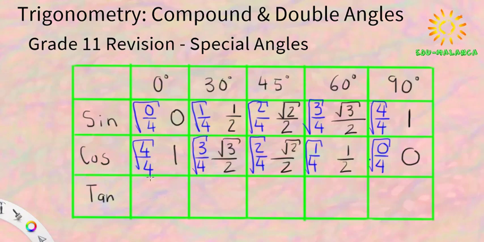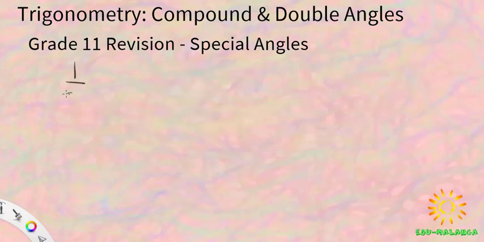So let's do that. 0 divided by 1, that's equal to 0. That's the special angle for tan of 0 degrees. Okay. For 30 degrees, we have 1 over 2 divided by root 3 over 2. Let's write it down. 1 over 2 divided by root 3 over 2.